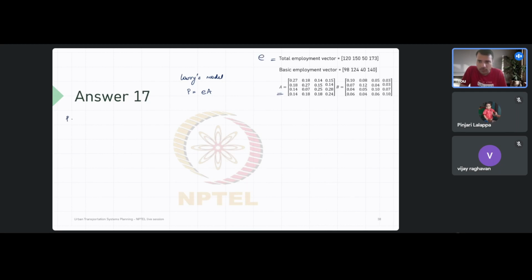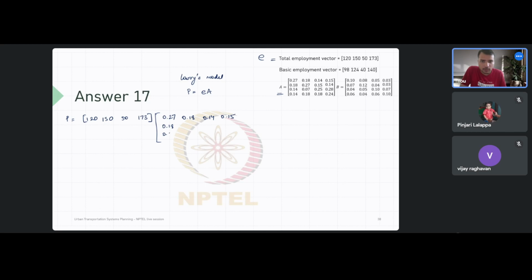So P will be E, that is 120, 150, 50, 173, times A: 0.27, 0.18, 0.14, 0.15.